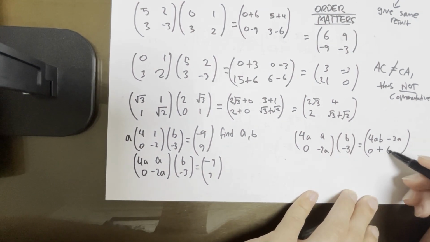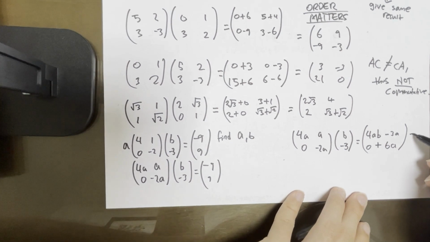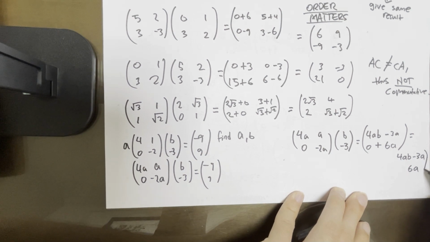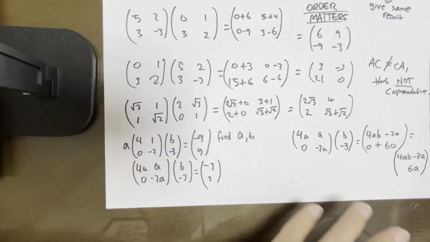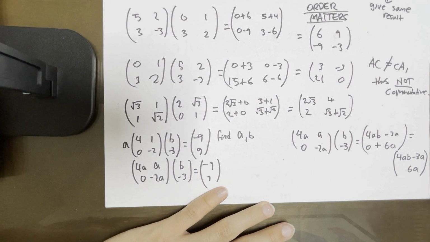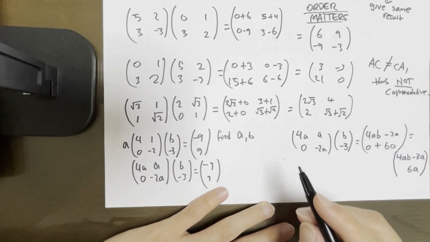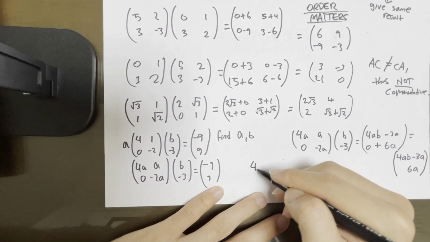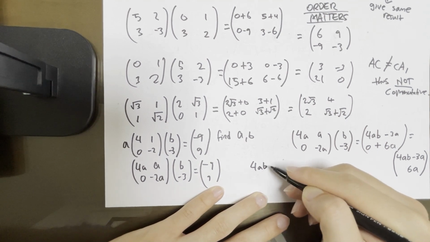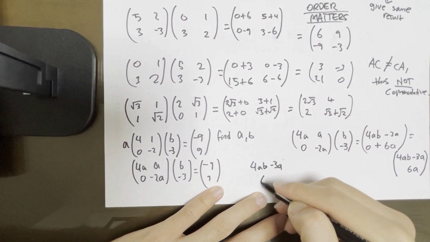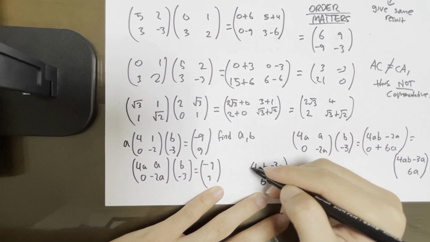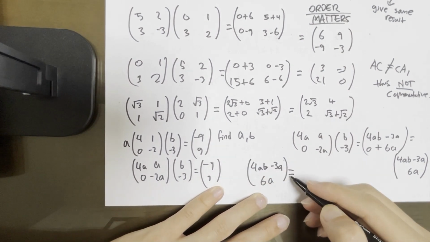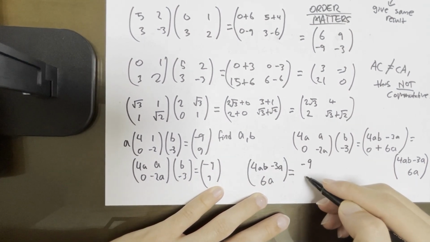Plus 6a. So that's going to give us 4ab minus 3a, and below it's going to be 6a. All right. Now with that done, we can make it into a formula, right? 4ab minus 3a, and below it 6a. Not equal to, but you get the point. And this is equal to minus 9 and 9.